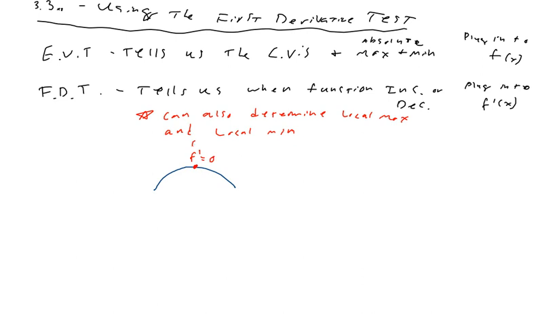That's a critical value. If f prime is positive, and then over here f prime is negative, if we change from positive to negative, we have a local maximum.